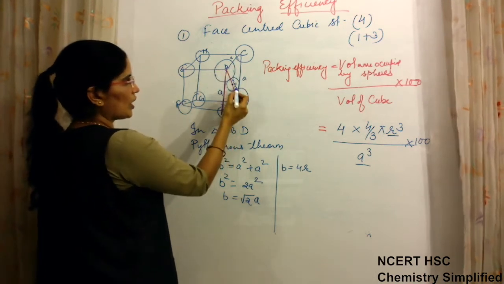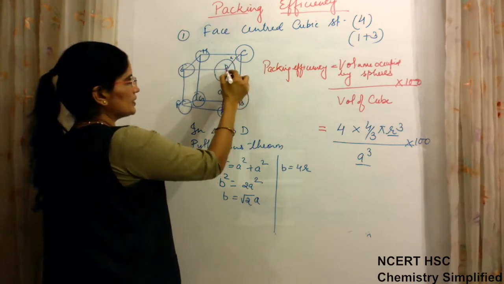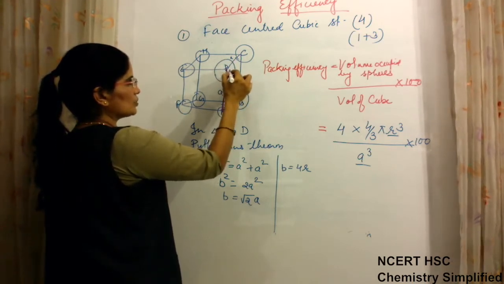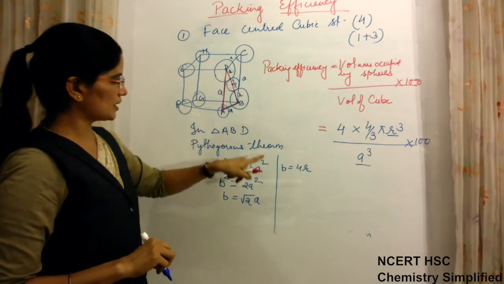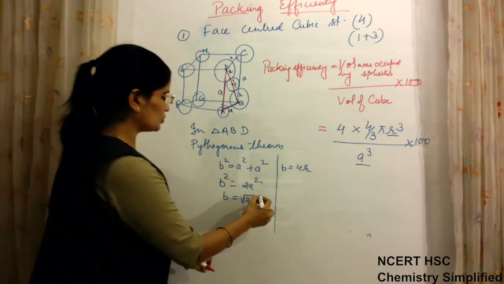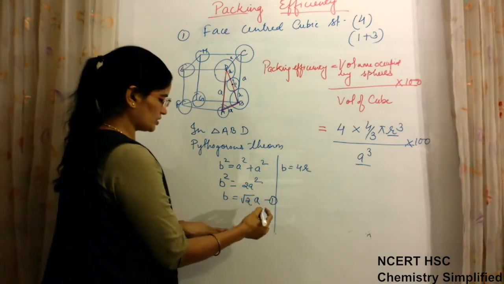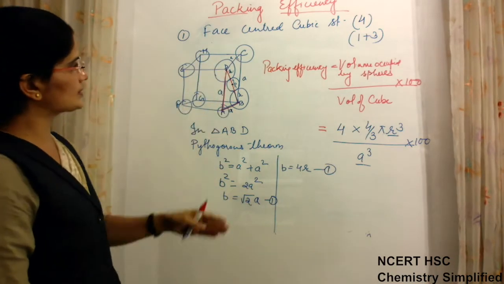That means it is 2r, and again the third sphere has this part, that is only r. So r plus r plus r plus r, that is, total b is equal to 4r. So b is equal to under root 2 a by Pythagoras theorem, and b is equal to 4r directly from this.